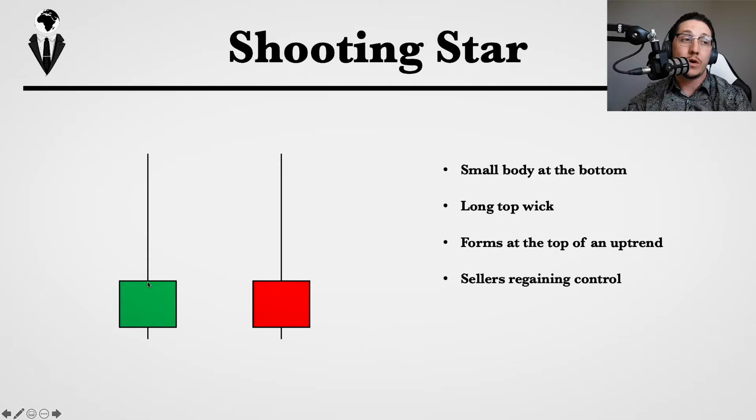However, on this one, it opened higher. Buyers brought it a little bit higher throughout that day, but then sellers really took control and pushed it even lower than the opening price. So this one is a slightly better signal than this one. However, they still are a shooting star candle, and this is a bearish signal.